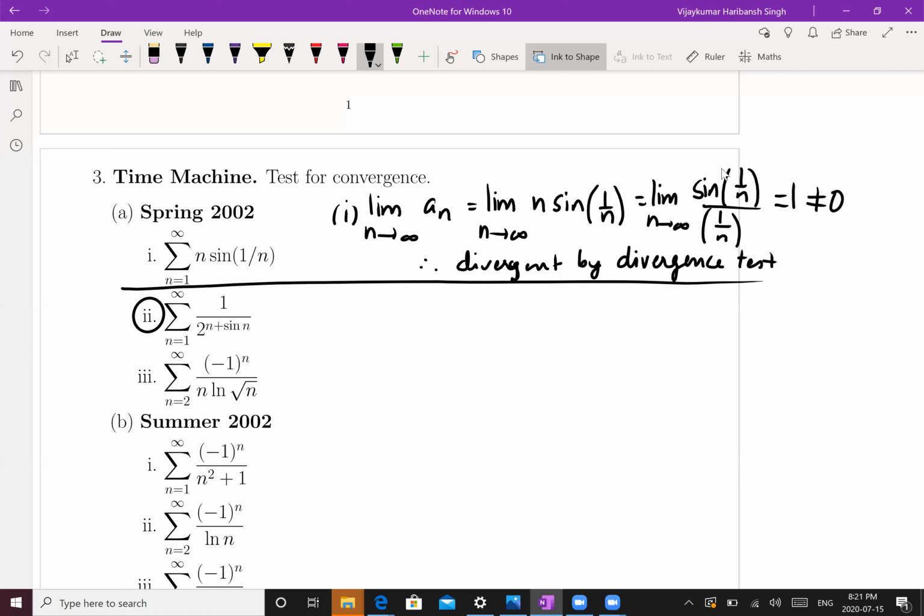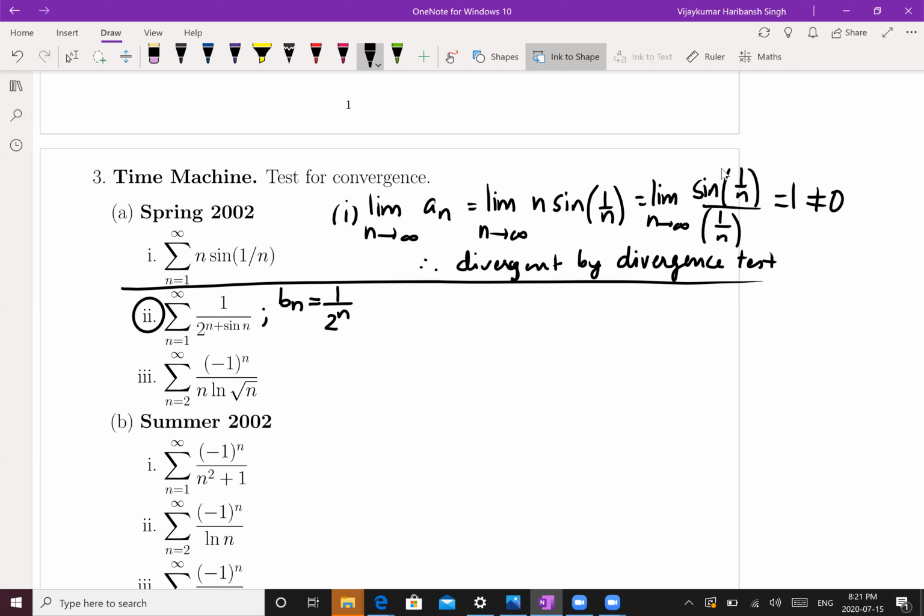So let's say, for example, we use the limit comparison test. Here we have bn, and we compare it with 1 by 2 to the power n. And this part is your an.